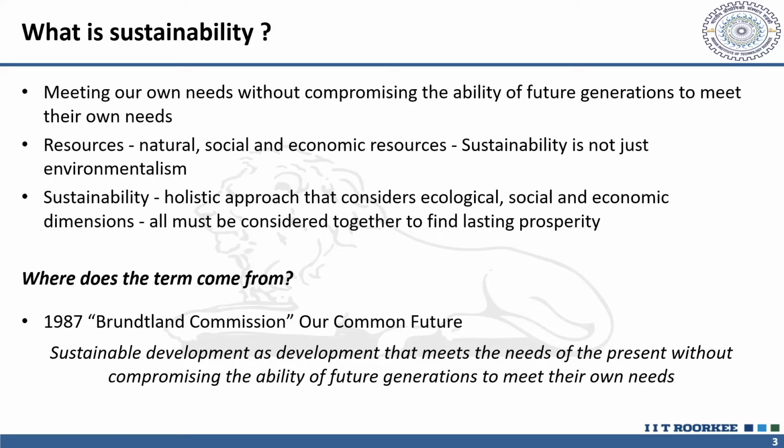However, all three resources are to be considered: the natural, social, and economic resources. Then only we can understand sustainability in a holistic approach. Now this concept has gained much importance in recent decades, but it is quite an old concept. It was initially described in 1987 by the Brundtland Commission.